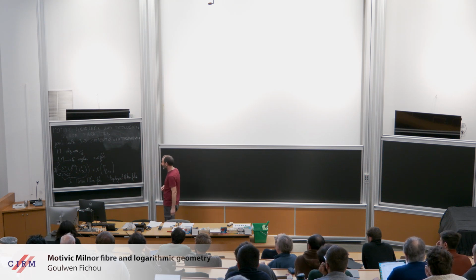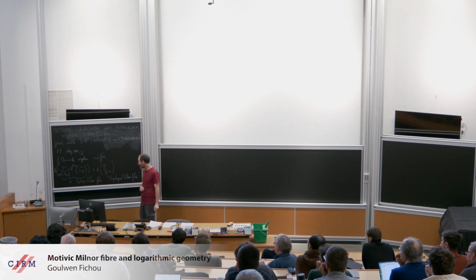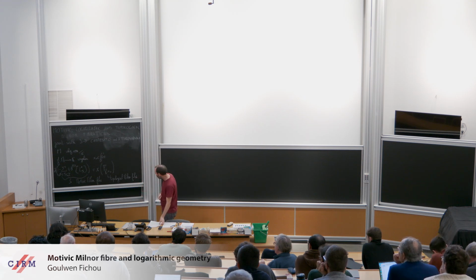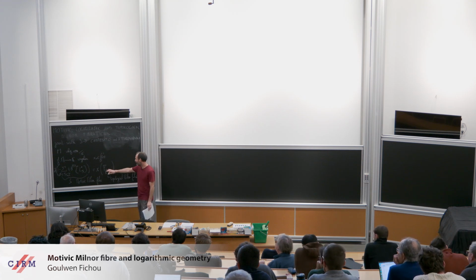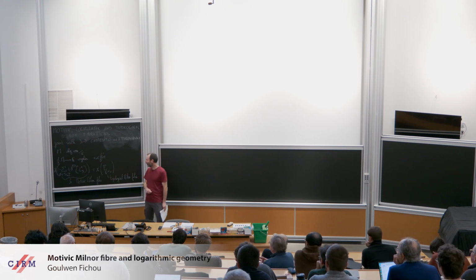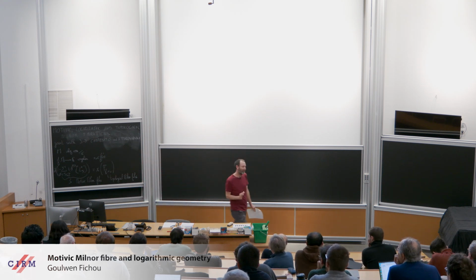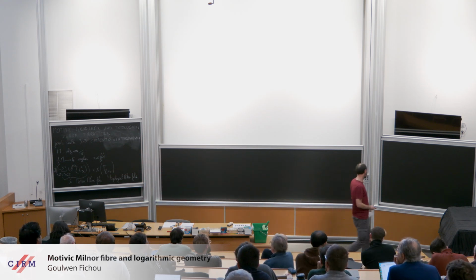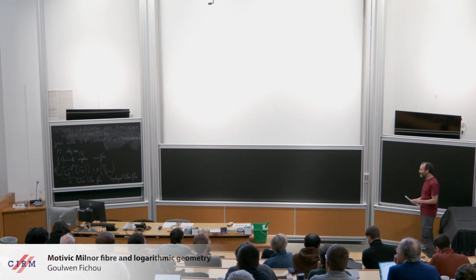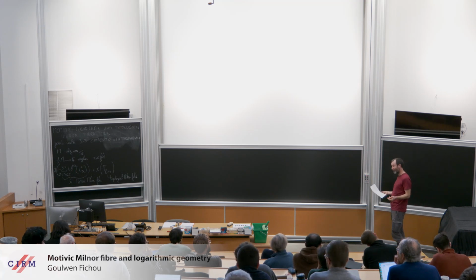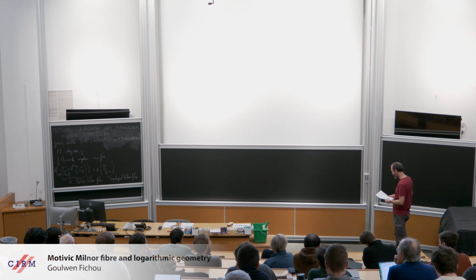So let me define a bit more precisely the objects there. I don't know to which extent I should be very precise on the topological Milnor fiber, but at least let me do a drawing to give some idea of what it is, even if it appears in a lot of previous talks.